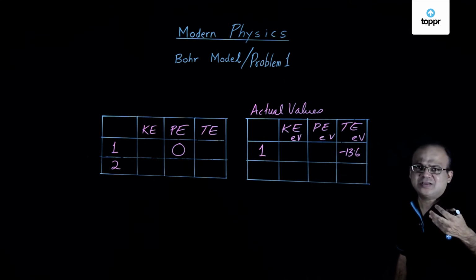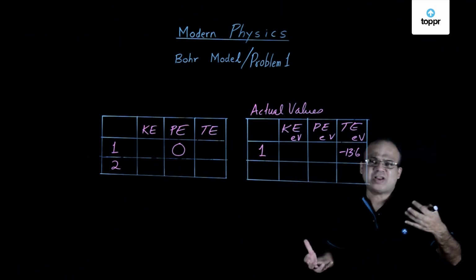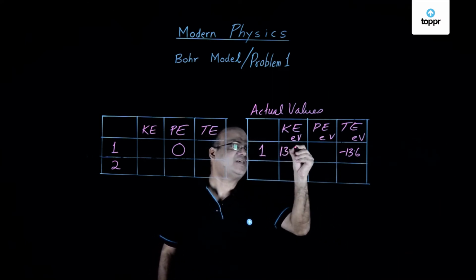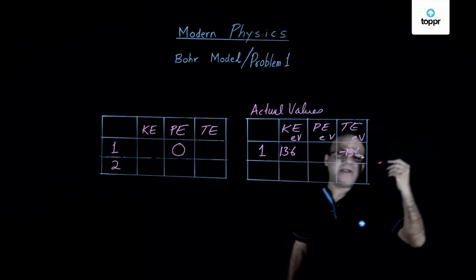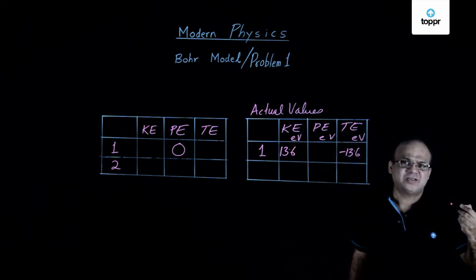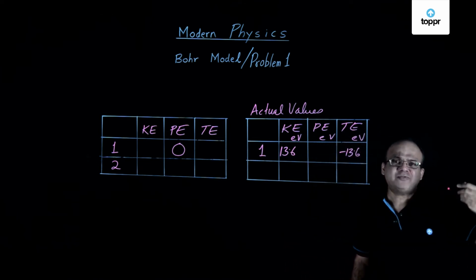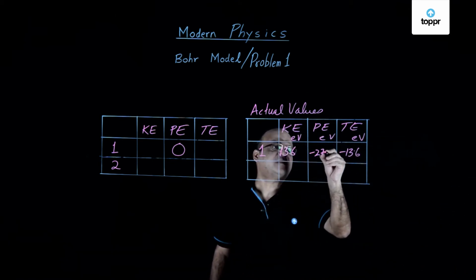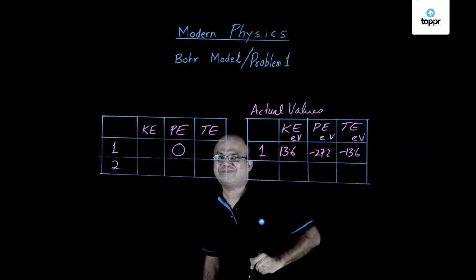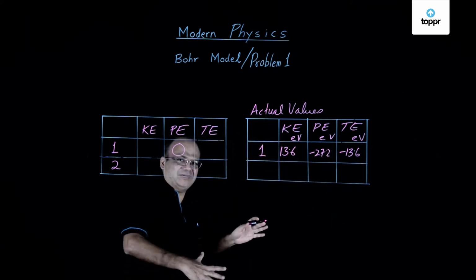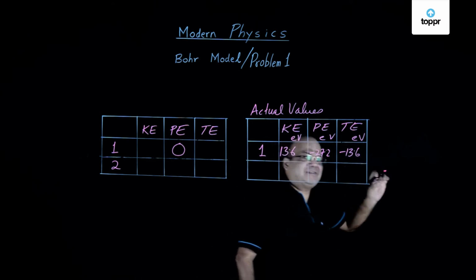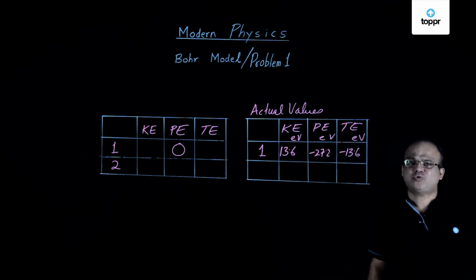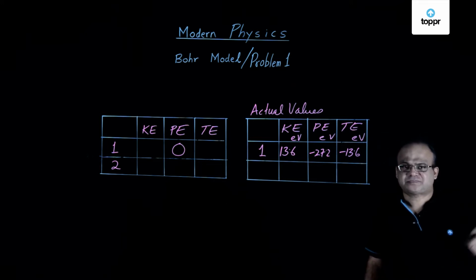Kinetic energy is minus of total energy, so this will become plus 13.6 eV. And potential energy is 2 times total energy, so that becomes minus 27.2 electron volt. Right? This we know. Kinetic energy is minus of total energy and potential energy is 2 times total energy.